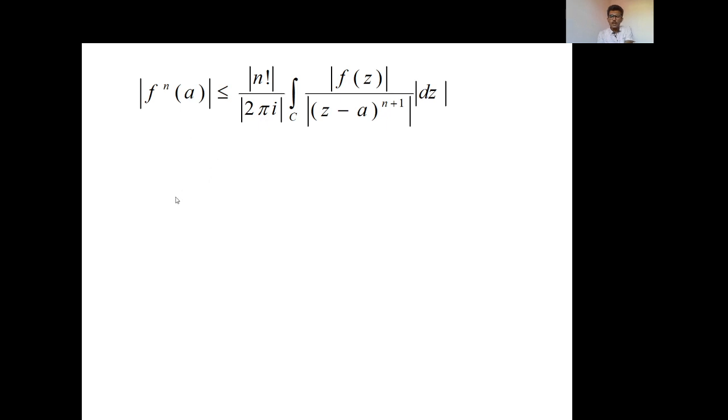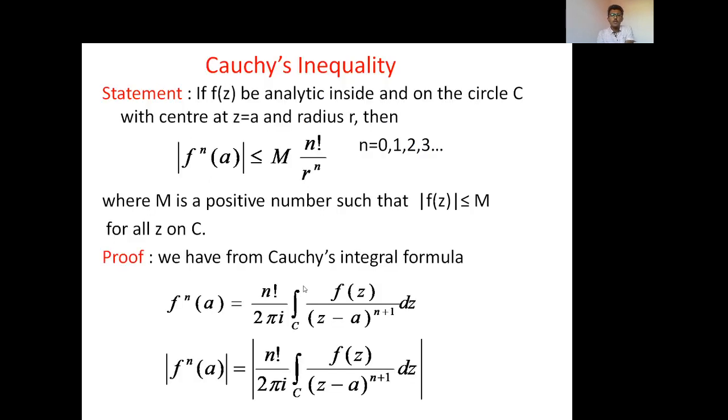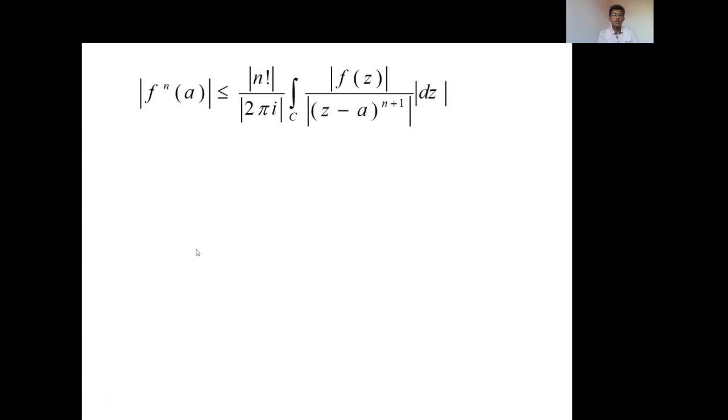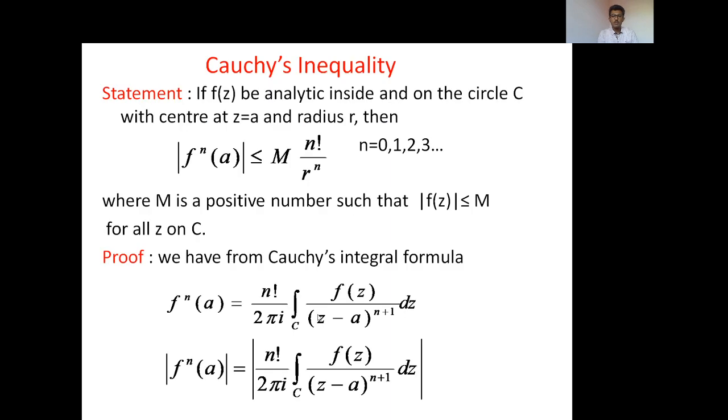From one property of line integrals, the modulus of the integration of f of z is less than or equal to the integration of the modulus of f of z. To use this property, we have f power n of a, and the modulus of the integration of f of z is less than or equal to the integration of the modulus of f of z.